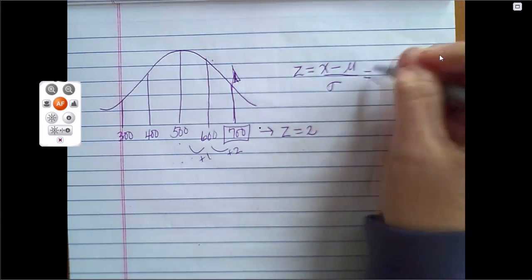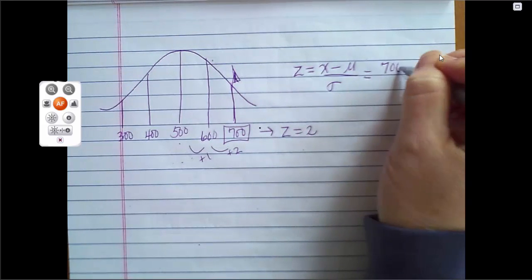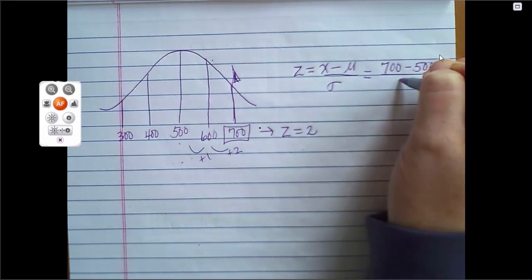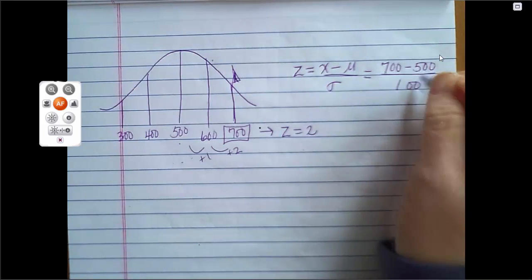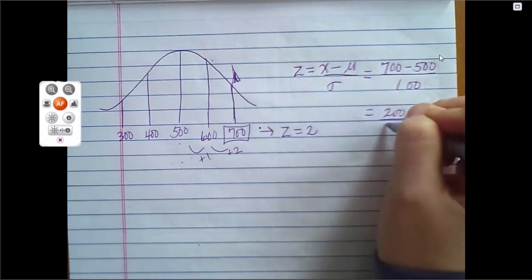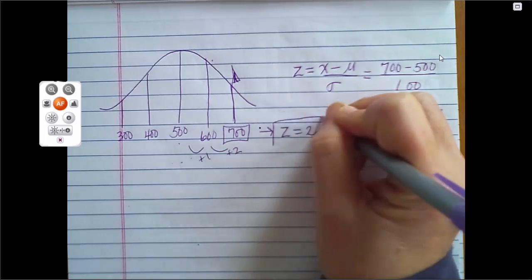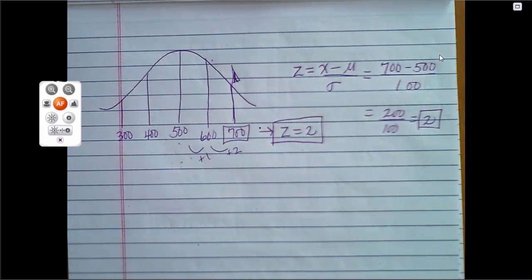So here my flagged value is 700 minus my mean of 500 divided by the standard deviation of 100. 700 minus 500 is 200, divided by 100 is indeed 2. So that confirms that my z-score is 2.